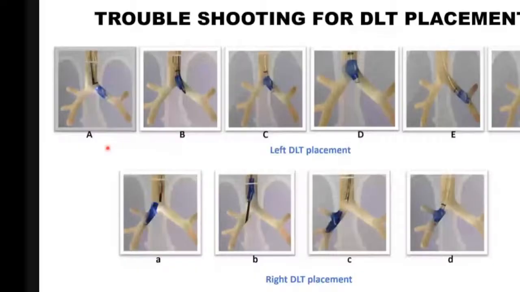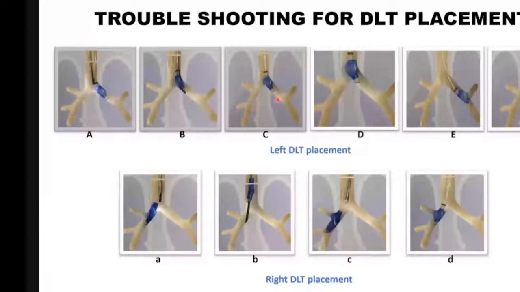In this scenario, you can ventilate both the lungs. You can ventilate one when the patient is supine. Same situation can turn out to be this when the patient is in lateral.